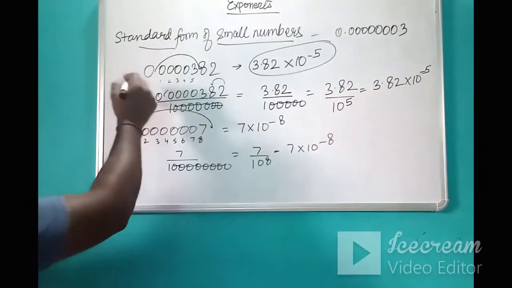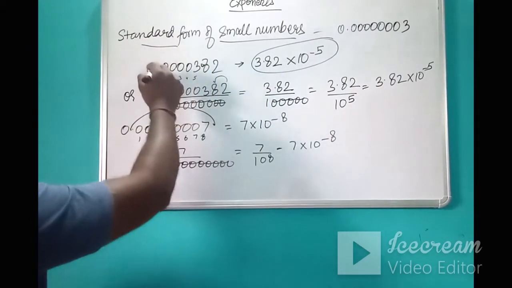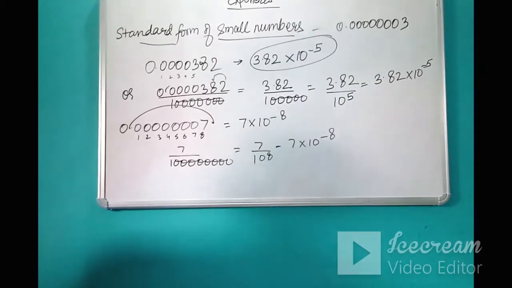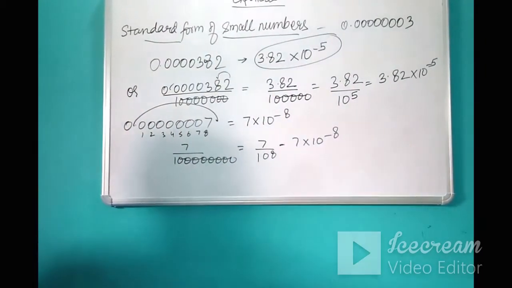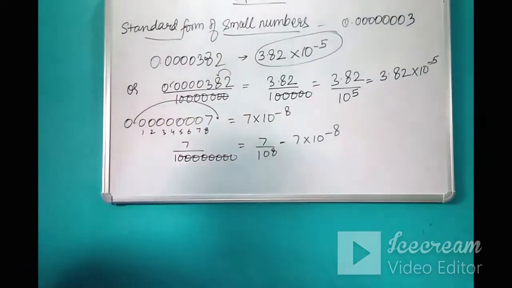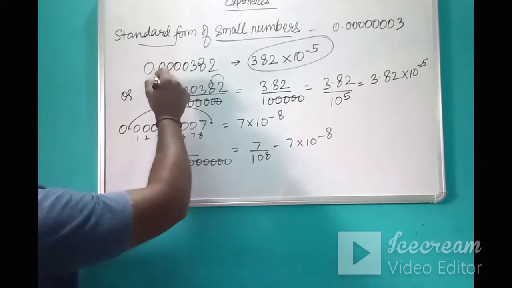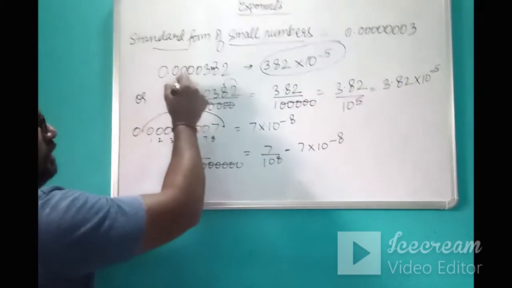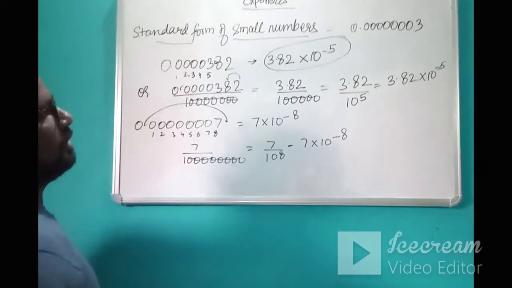Suppose this is a number, 0.00382. Now I want to write this number in the standard form. So what I will do, you will start after the decimal and start counting the numbers 1, 2, 3, 4, 5. Okay, till here.